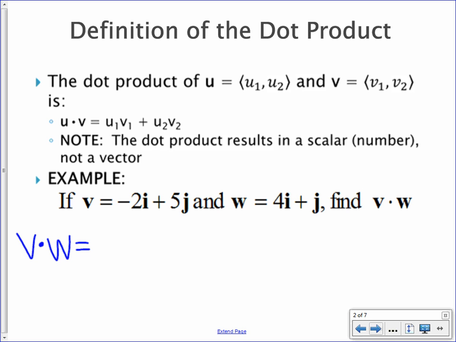Okay? We're going to multiply our horizontal components. So our horizontal components are negative 2 and 4. So we'll take negative 2 times 4, and then we're going to add the product of the vertical components. So our vertical components are 5 and 1.